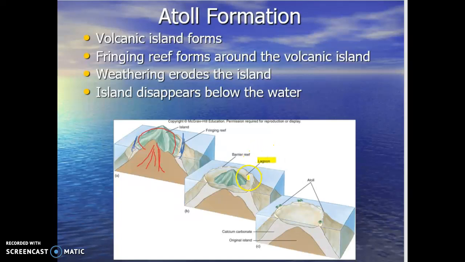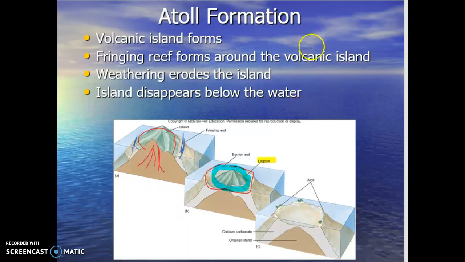Okay, so here's our lagoon. Let me go to blue. The lagoon forms around the volcanic island as that island gets smaller and smaller due to weathering and sinking. And the reef sitting on the outside here, we classify as a barrier reef because it's got the lagoon that separates the reef from the island.